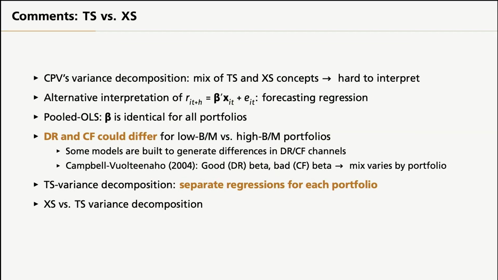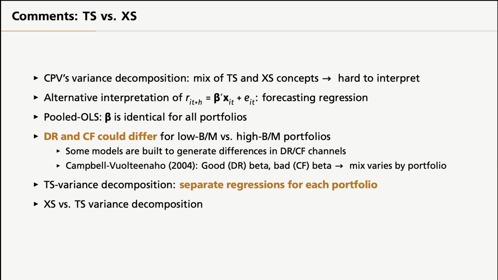I always found this Cohen variance decomposition a little hard to interpret because it mixes cross-sectional and time series dimensions, right? On the one hand, you look at the cross-section of book-to-market ratios, but then it's a cross-section of time series coefficients, if you will, okay? So I will go back a little bit and think about this as pure forecasting regressions, as Sean mentioned. If you run a pooled OLS, the implied beta is identical for all portfolios, right?